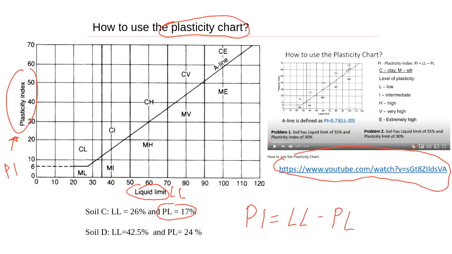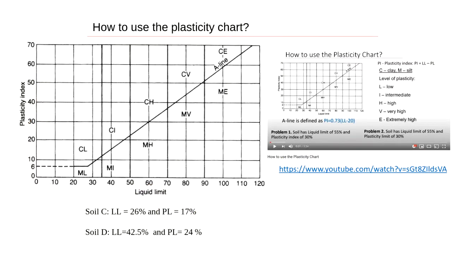So let's find the plasticity index for soil C. It will be 26 minus 17, which is 9%. And let's also do the other one, for soil D. The plasticity index is 42.5 minus 24, which will give us about 18.5%.